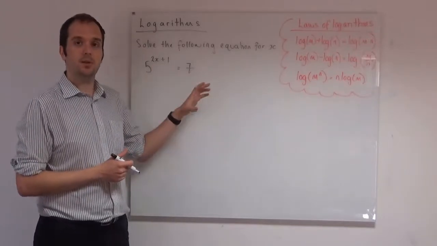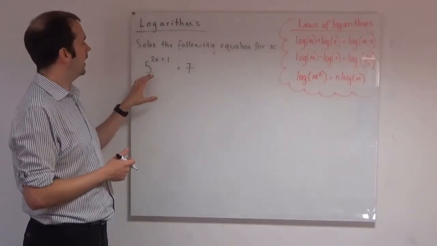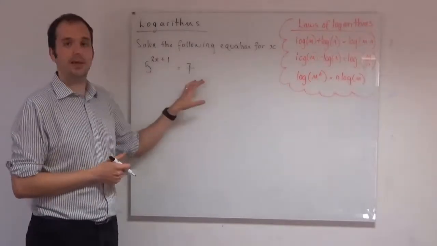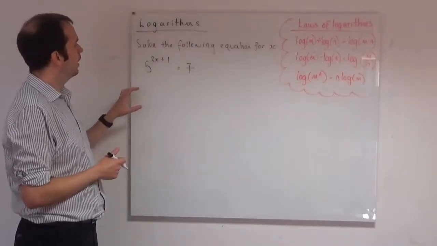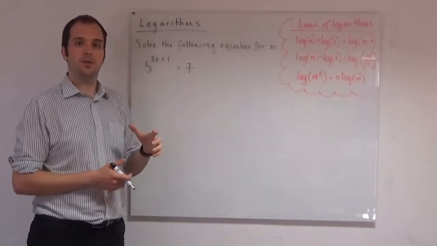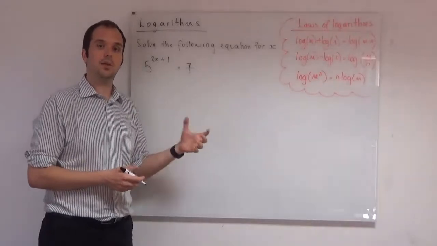So my first step in solving this problem is to take log of both sides. And I'm going to use log to the base 5. You've got to remember when solving an equation, what you do to one side, you have to do to the other side. And taking logs is exactly the same.